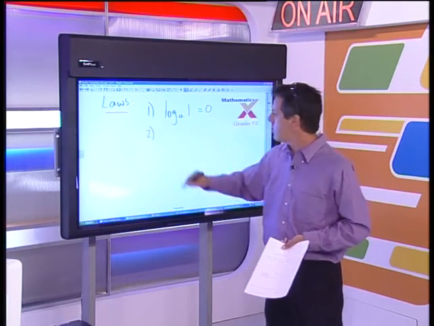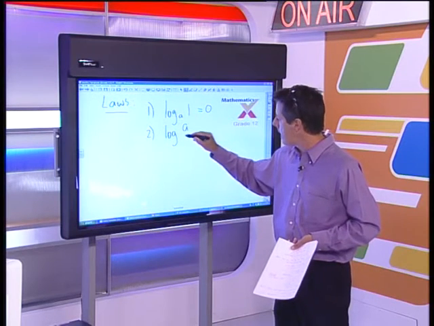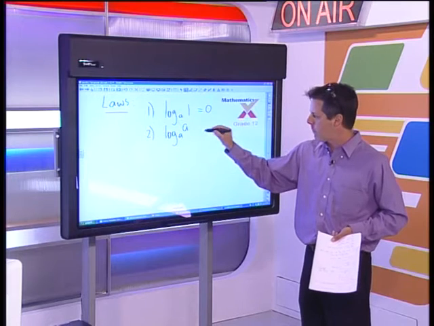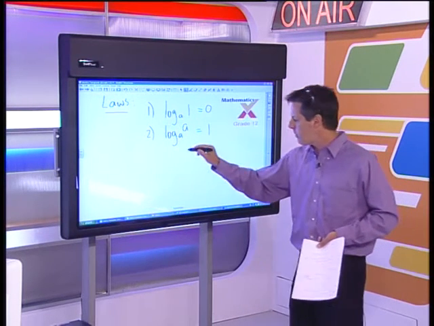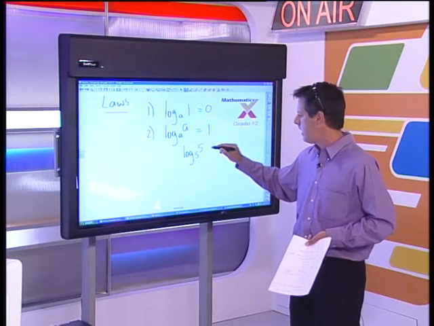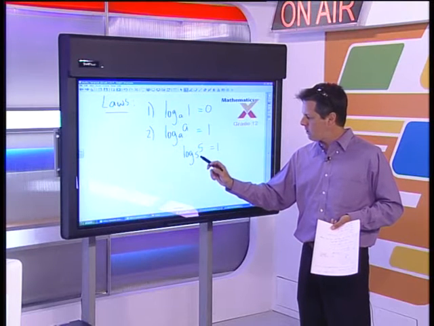We go to the second law, and the second law says that if you've got the log of a number to the same base, it doesn't matter what your base is, it doesn't matter what that number is, that is always going to be equal to 1. So, for example, if I say the log of 5 to the base 5, that's 1. But just think about what a log is. A log says, what must this base be raised to give the number?